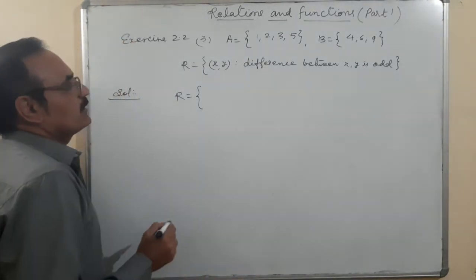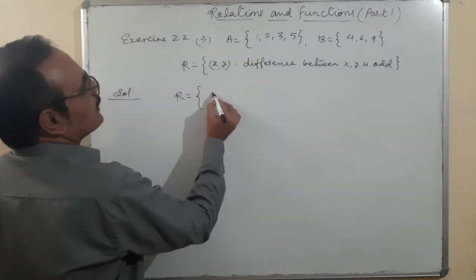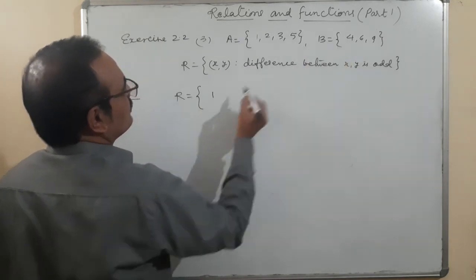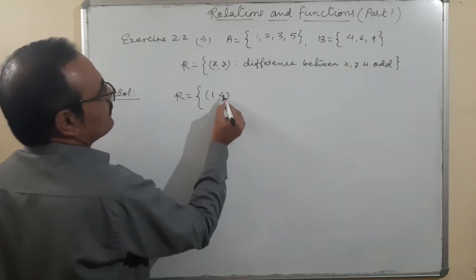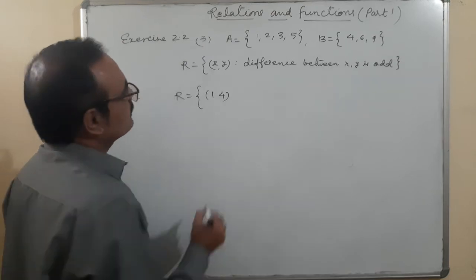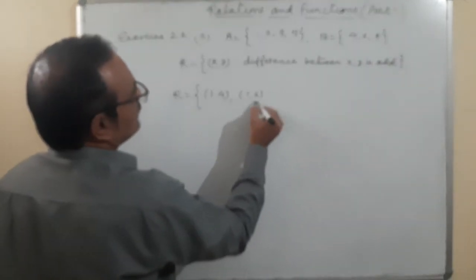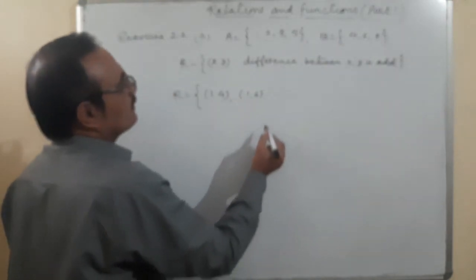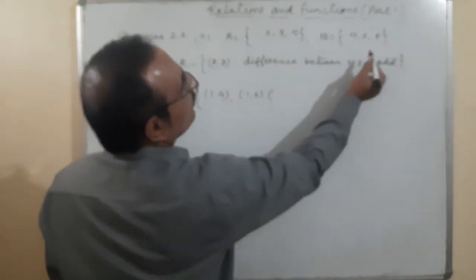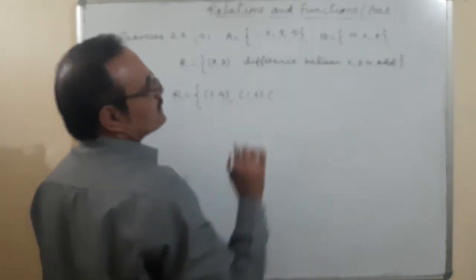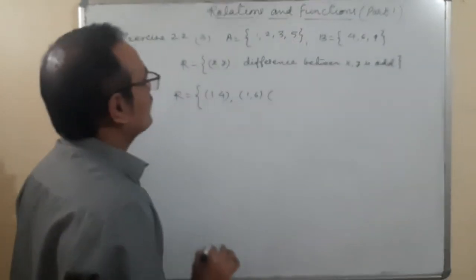Okay. So I am writing here 1 and 4. 1 minus 4, 3, it is an odd. After that 1, 6, it's an odd. Then 1, 9. 1 minus 9, 8. It is not an odd, we cannot write it.